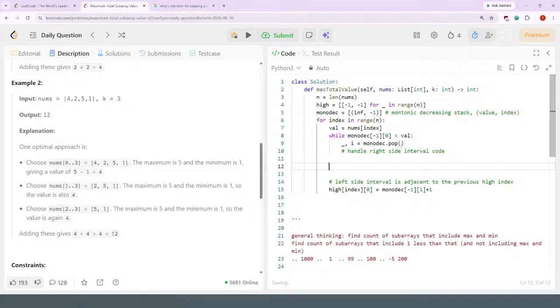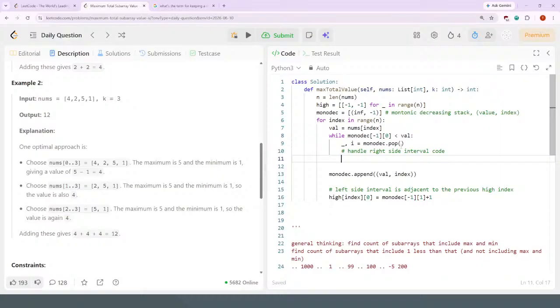Oh, I also need to push this thing. Monodec, monotonic decreasing, append the current value and the current index. So when it pops here, it's going to be high for this previous index i.